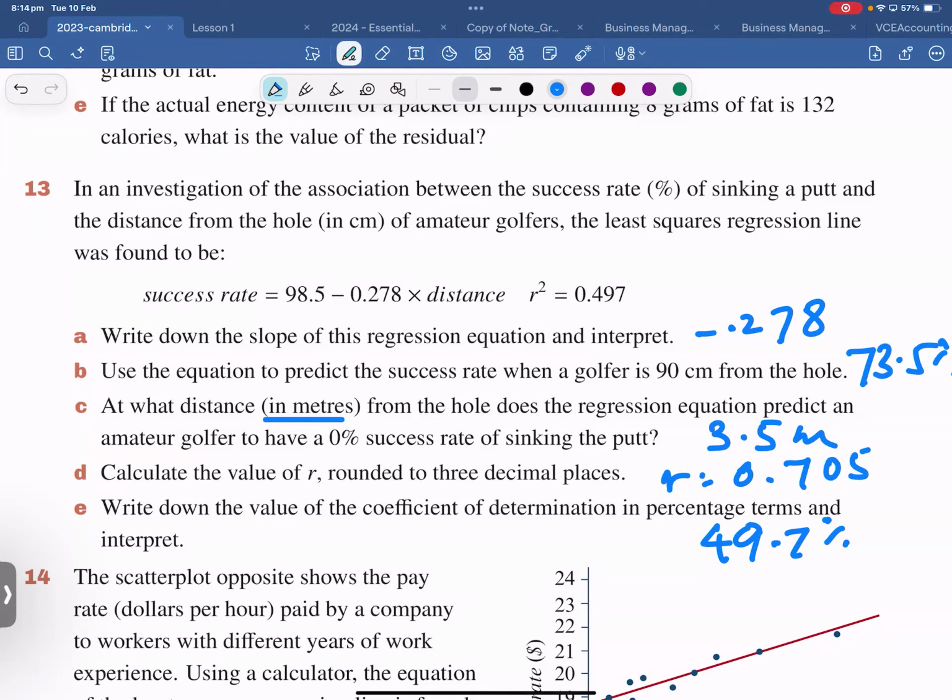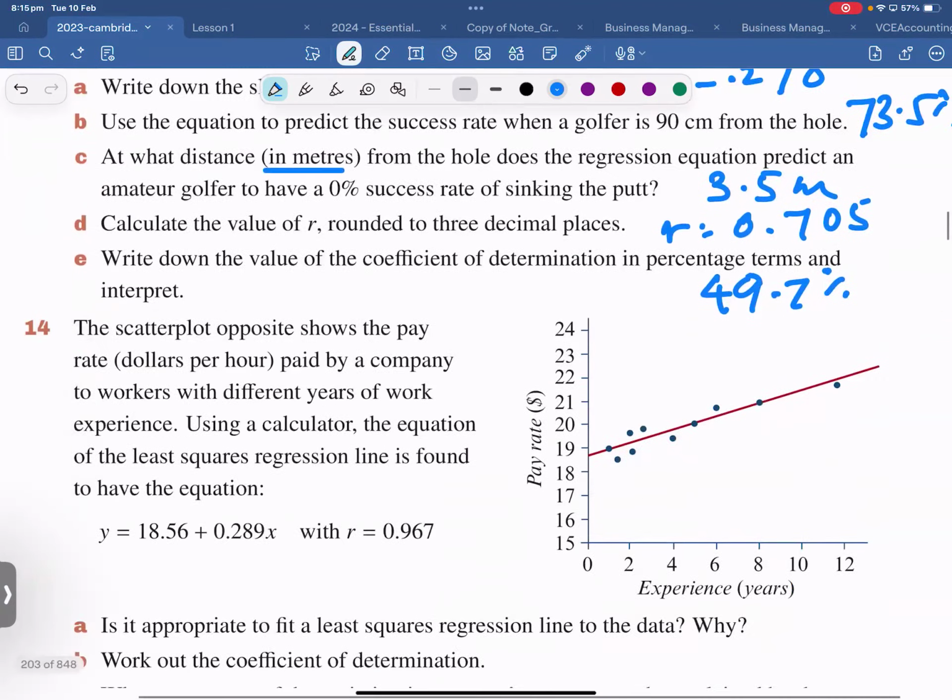That is what we mean by the coefficient of determination.